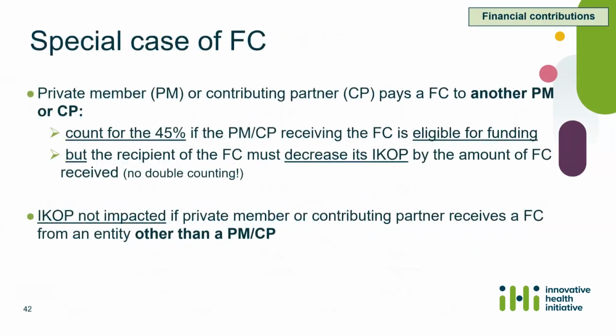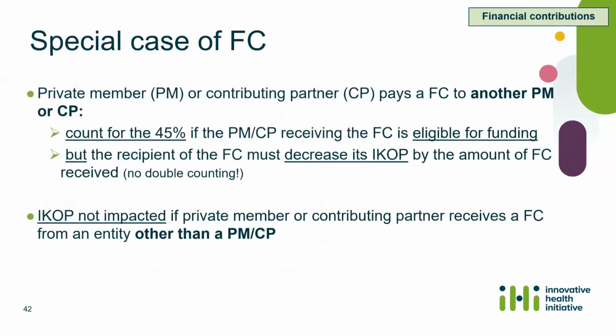And I wanted to show you also a special case of financial contribution. You may have private members or contributing partners that are paying a financial contribution to another private member or contributing partner. It could count for the 45% in case the one receiving the financial contribution is eligible for funding.